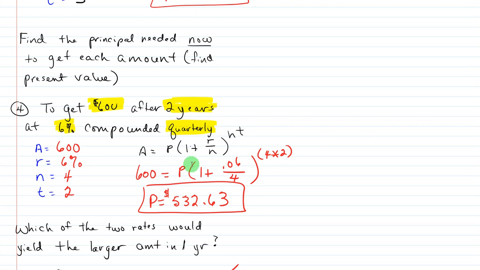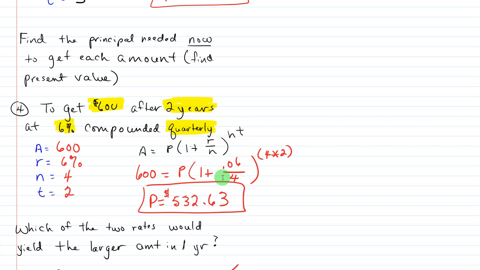Find the principal now to get each amount. So that means you're solving for P. You already have A. To get 600 after 2 years, 6% compounded quarterly. So A is 600, R is 6%, N is 4, T is 2. So I put the 600 here equals P times this.